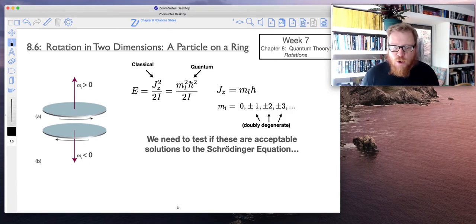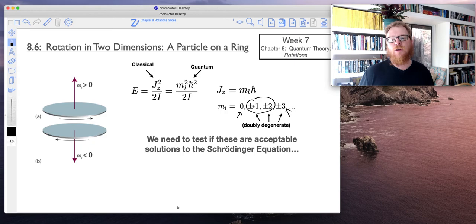Now, I only showed you that plus or minus 1, plus or minus 2 are what we think are acceptable so far. We're going to see shortly that 0 is acceptable and that 3 is also acceptable. We're going to see how that manifests.